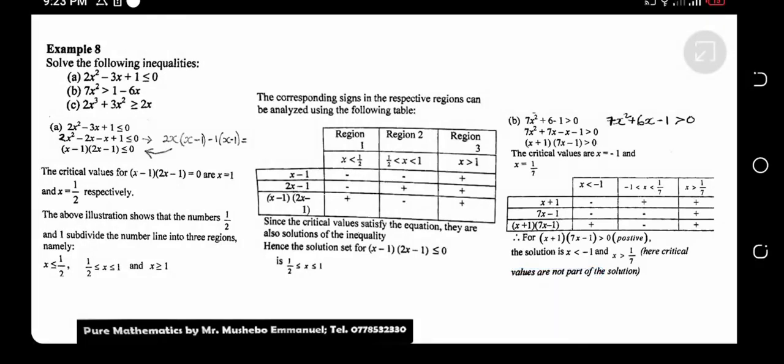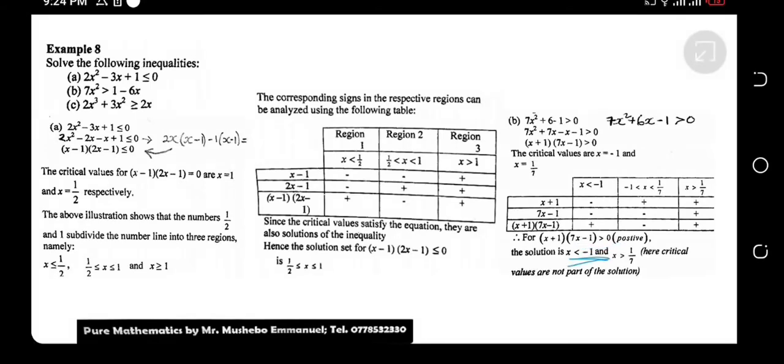And here the critical values are not part of the solution. Why? Because when I put x as -1, it will give me 0. But 0 disagrees with this inequality. 0 is not greater than 0. So they are not inclusive.